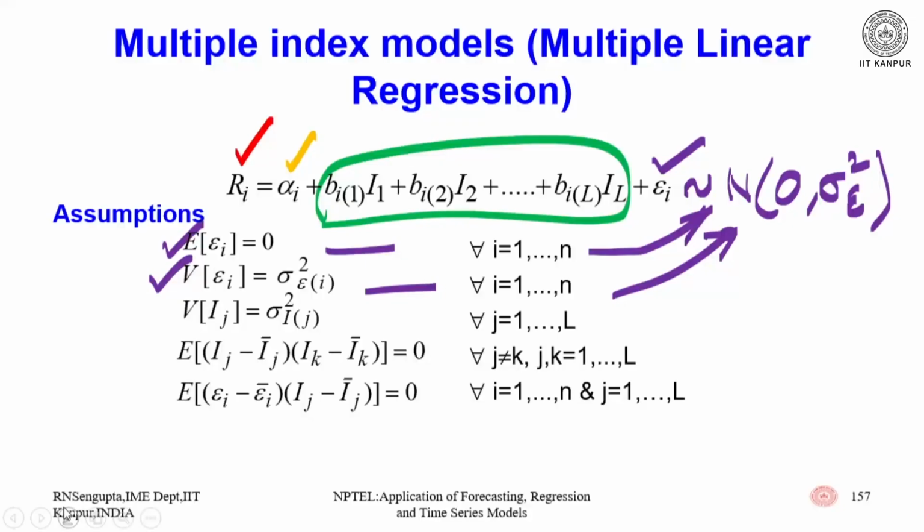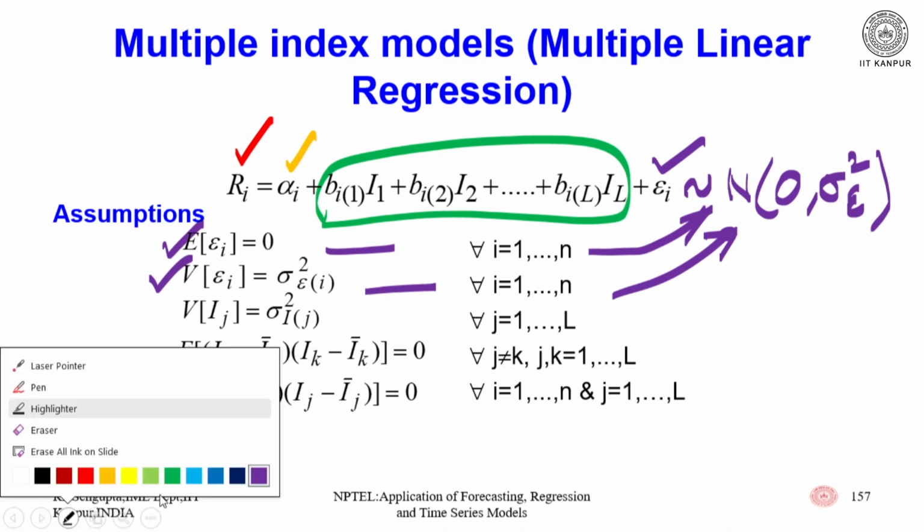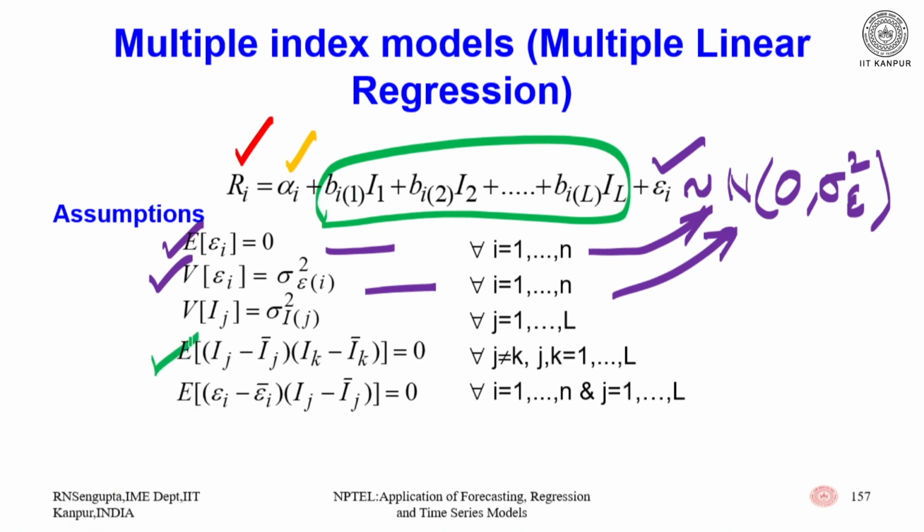We will consider that x1, x2, x3 are all independent of each other, and that is portrayed in the fourth equation, which I will put a green tick mark on. If they are independent, covariance is 0, which is basically implied here.